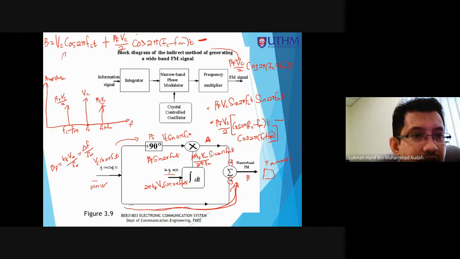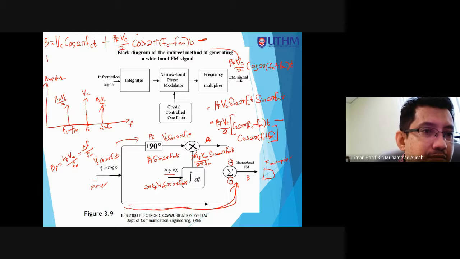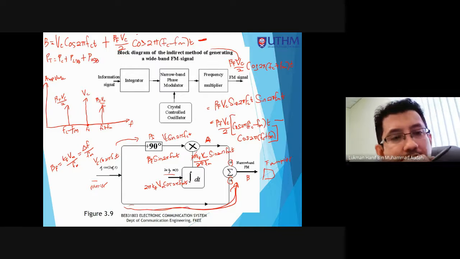That means kalau kita kira power, ni saya padam sikit. Okay. So if you want to calculate the power, that means P total is equal to P C plus P LSB plus P USB.